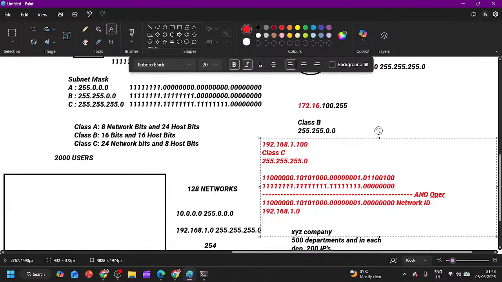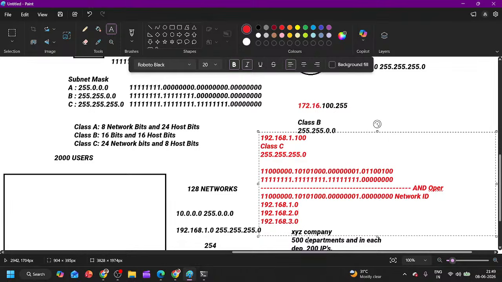Similarly, I can have another network in class C, 192.168.2.0, and 192.168.3.0. All are default class C networks. I can have 2 power 21 networks in class C, and these are three of them.